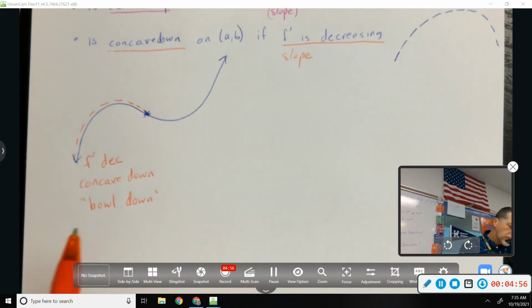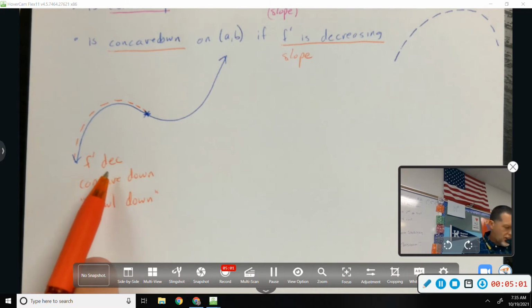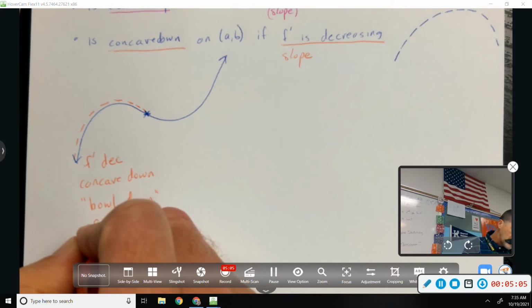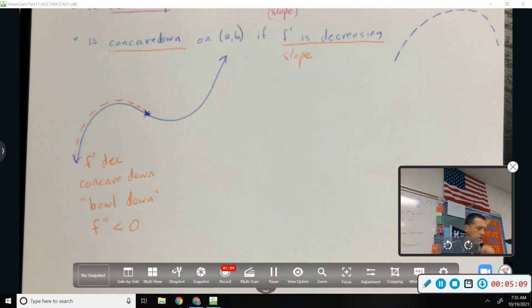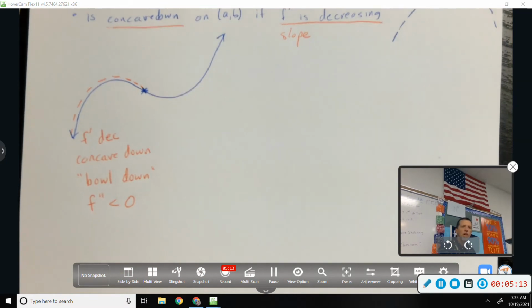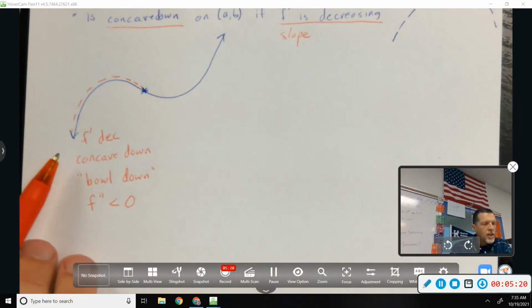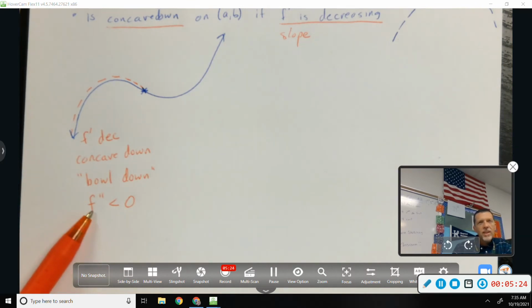And if f prime is decreasing, here's the sort of connection for the second derivative. That means the second derivative is negative. Kind of in the same way where if f is decreasing, then f prime is negative.